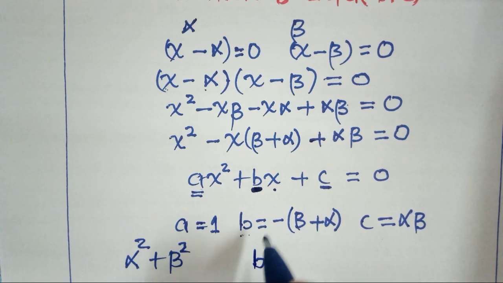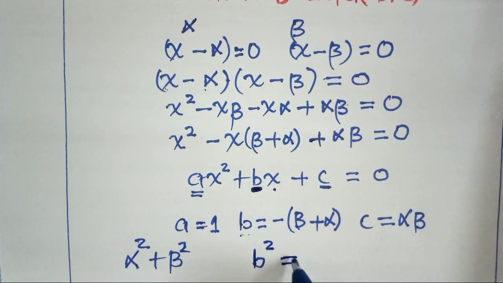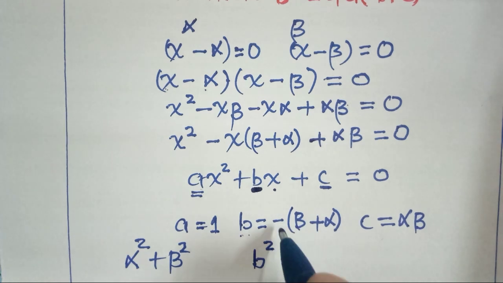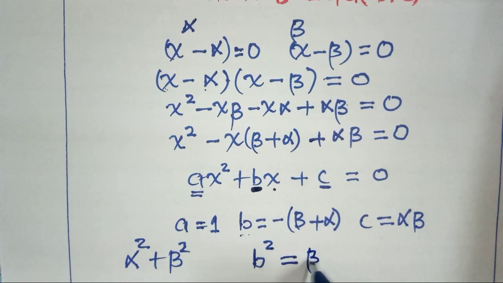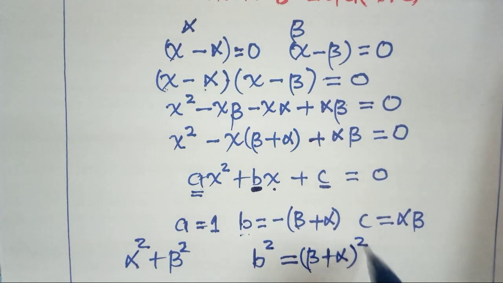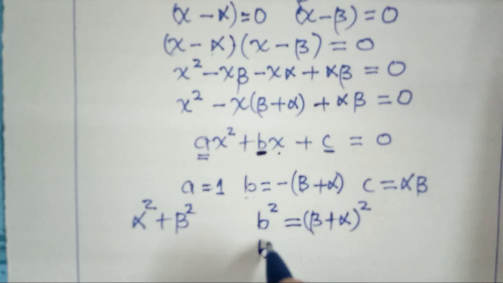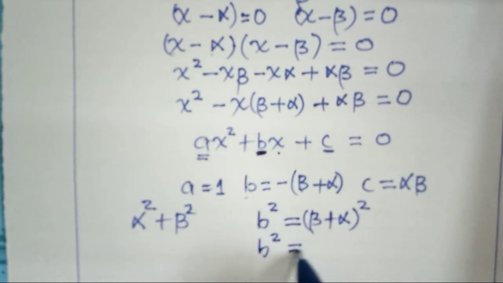We square b on this side and we square this other side. By squaring, it means our negative will be gone. So finally, we shall have b squared is equal to, we square that.